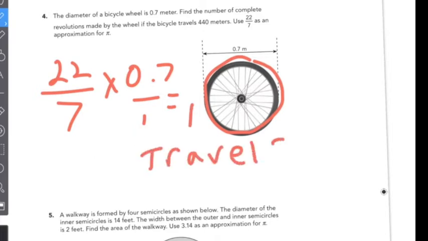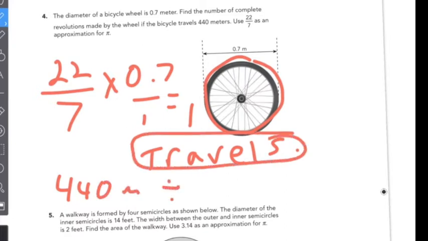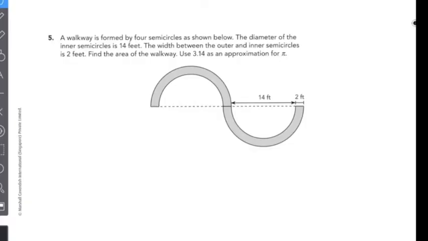Once you get that answer, you're going to then take 440 meters and divide that by how far it traveled in one revolution. Wherever you got that answer over here, that will tell you how many revolutions you went.